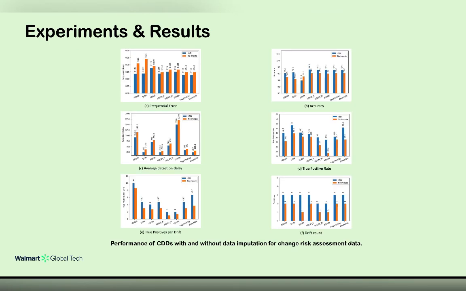Okay, next, one might ask that when we are performing concept drift, we are trying to identify concept drift. Is there any need for imputation, or is it not at all required? So we have performed this experiment for all datasets.